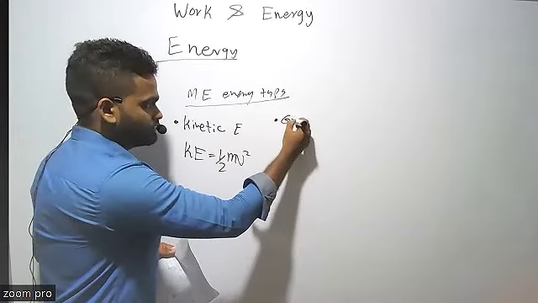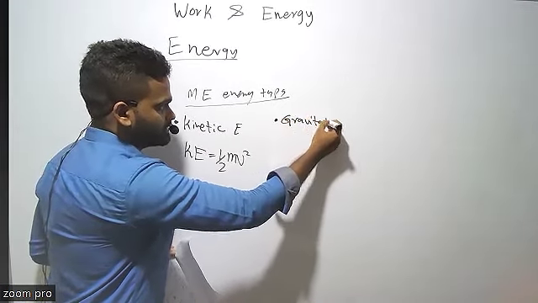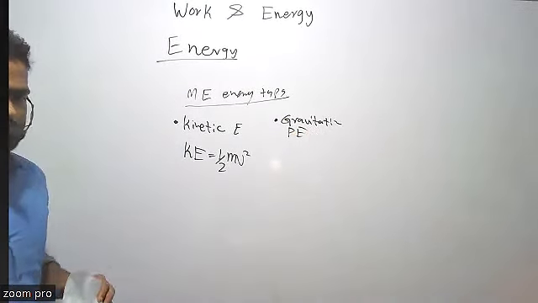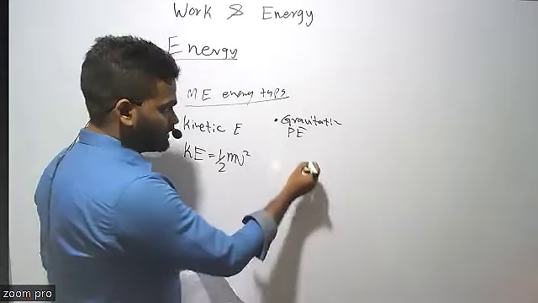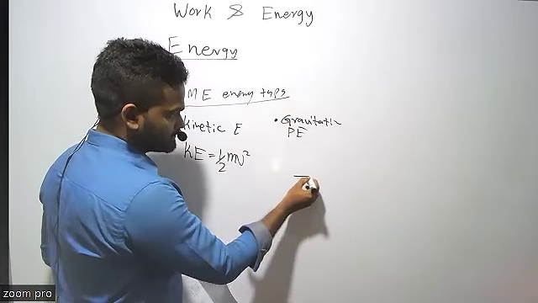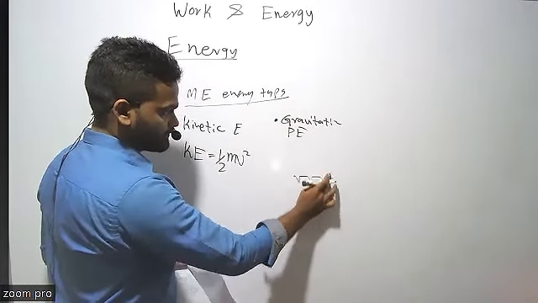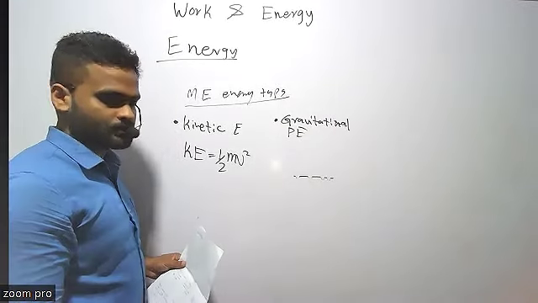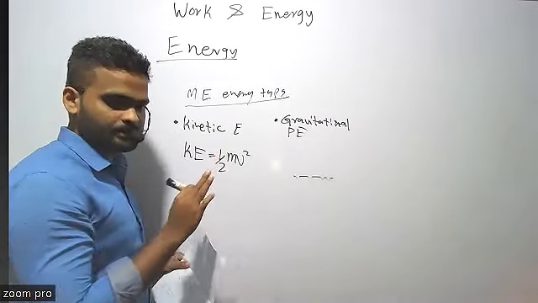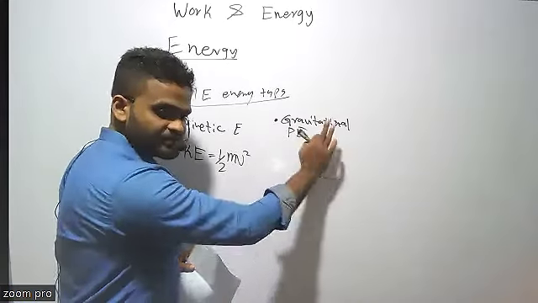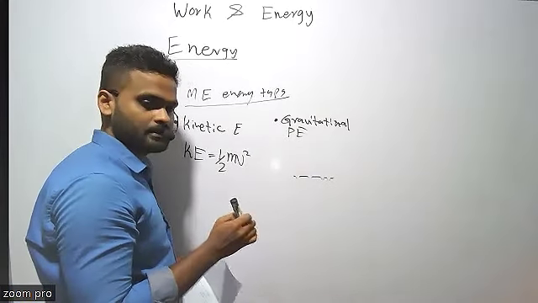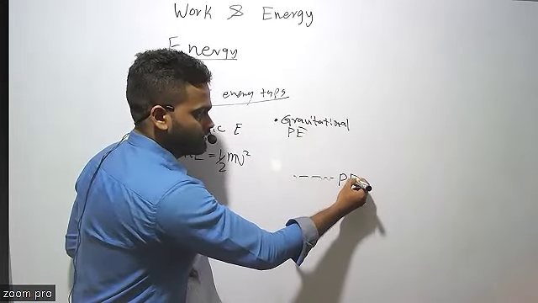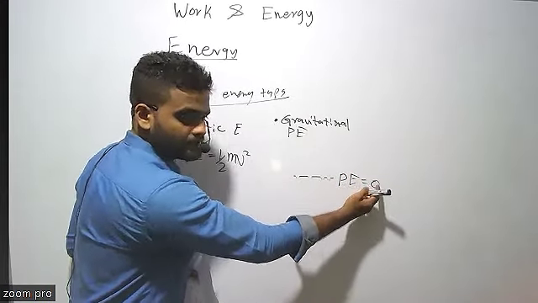Then we have gravitational potential energy. First take it down. For now, listen. Gravitational potential energy. First thing, you have to define the potential energy zero line.